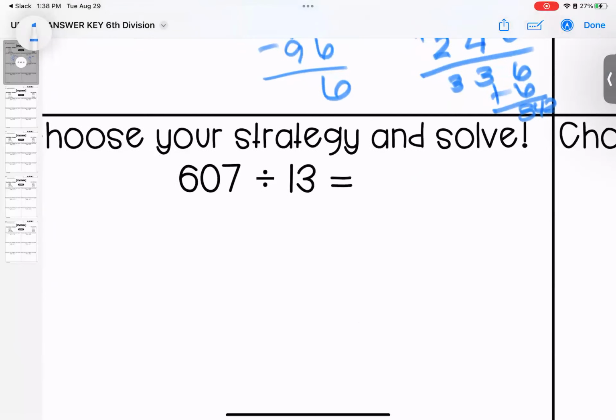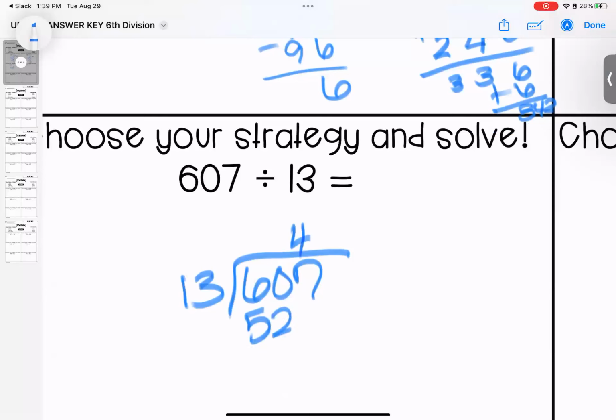Over here, taking groups of 13 out of 607. Remind yourself, you cannot break this down. It has to be groups of 13. So I can't take 13 out of 6, but I can take it out of 60 4 times because 4 times 13 is 52. That's the closest that I can get. When I borrow, I end up with 8.